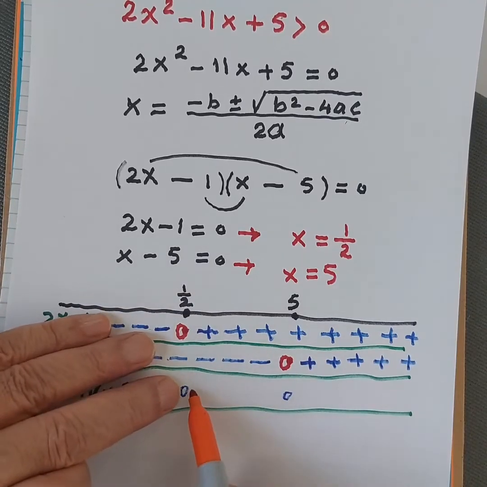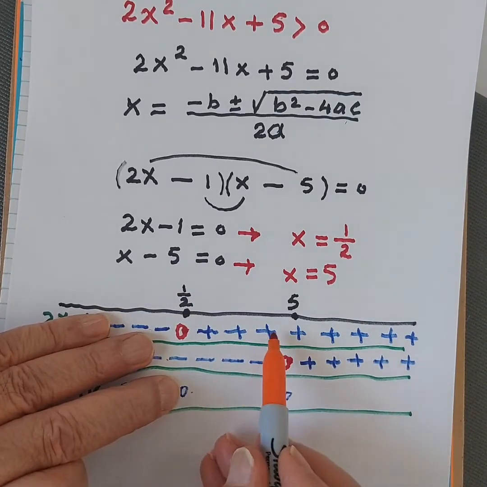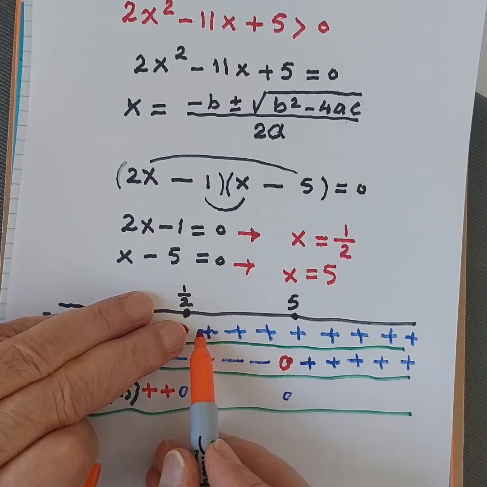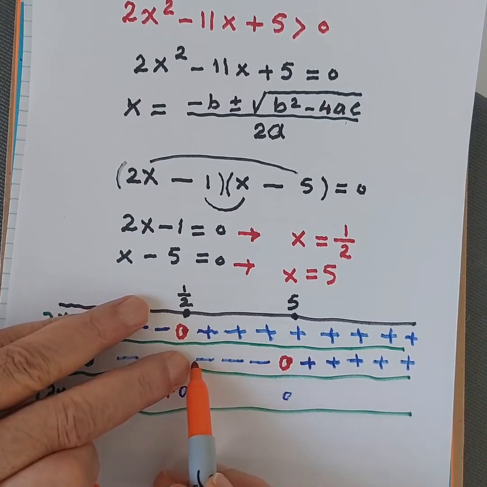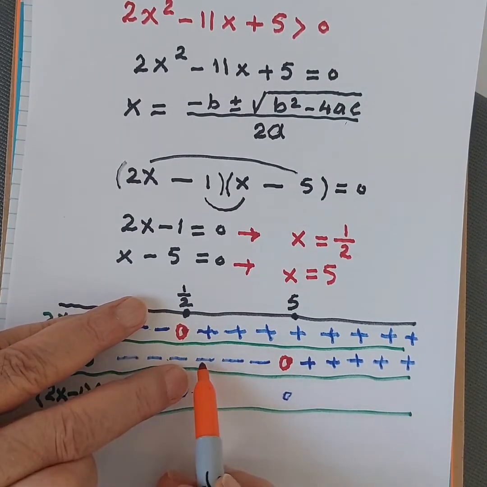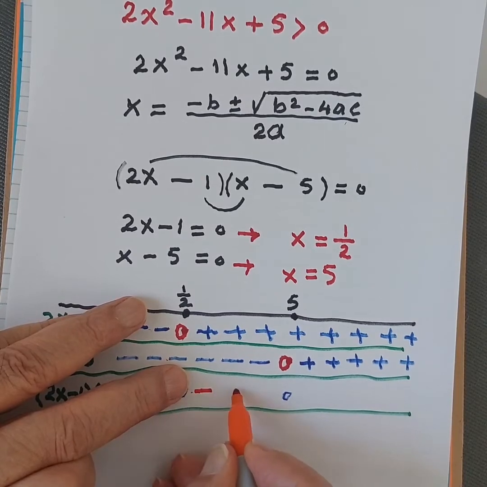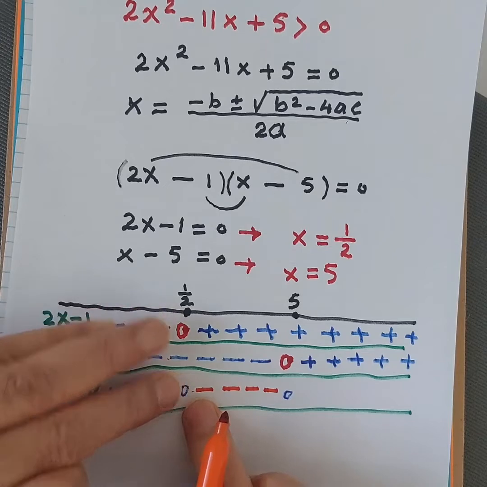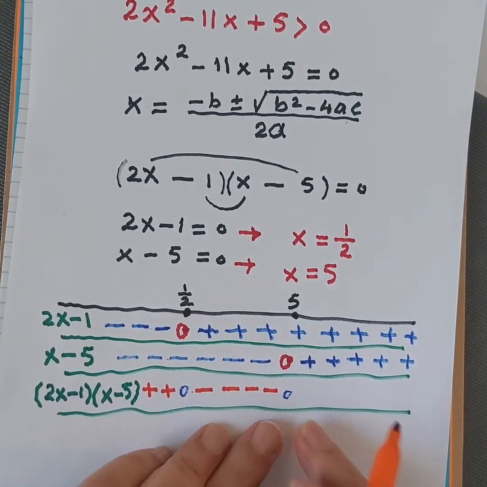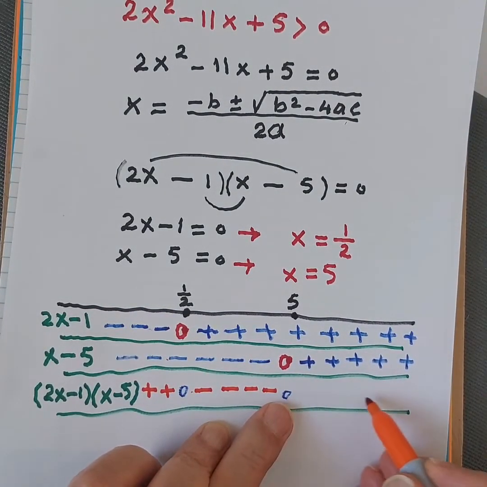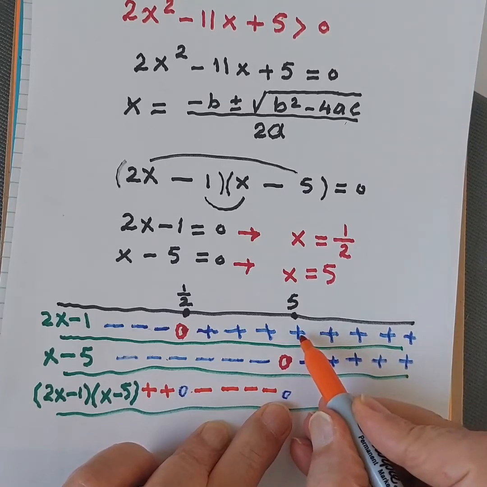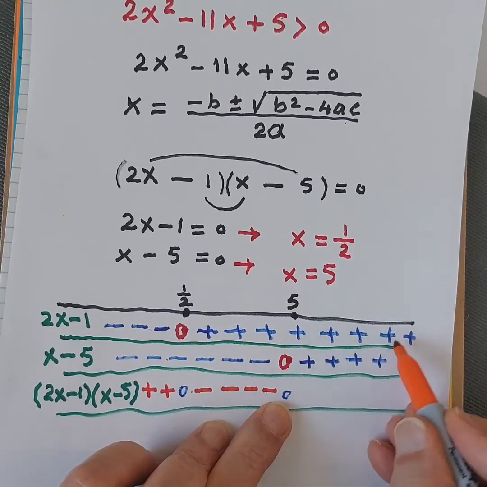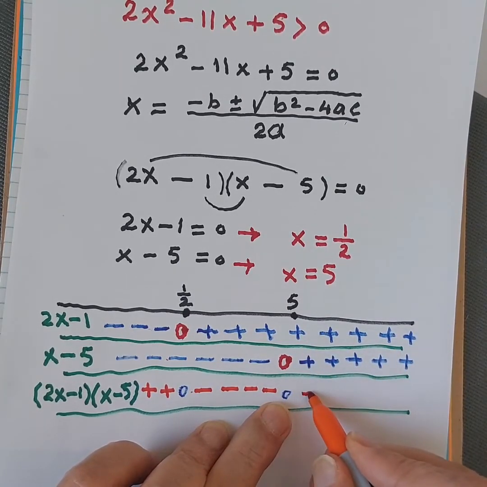And for this interval, you will multiply positive with negative, you will get negative. That means this interval will be negative. Then the last interval is the result of multiplying positive by positive, it will give you positive.